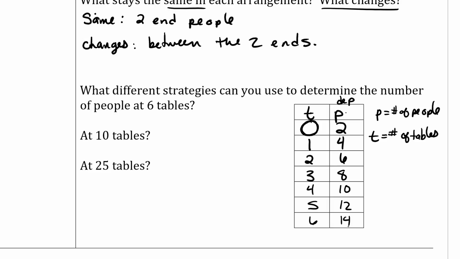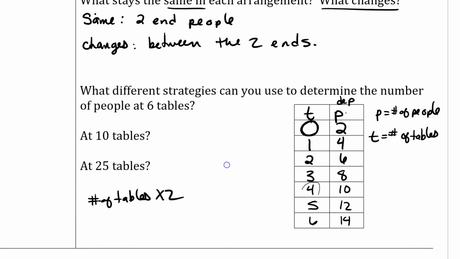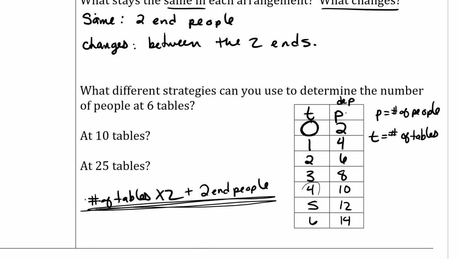So basically what we're doing is we're saying the table number, so number of tables, times 2, because 2 people are added every single time, so we go from 4 to 6, plus the 2 end people. Now I've started hinting at an equation. This right here, this system will help us.